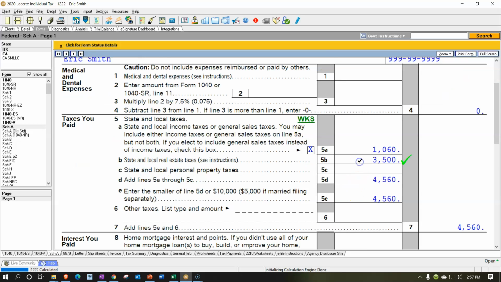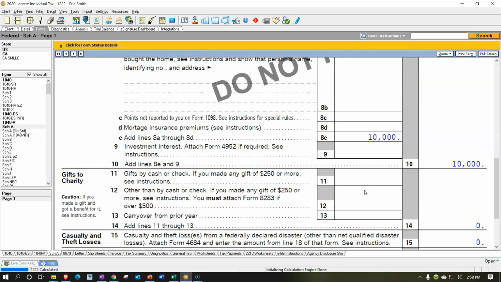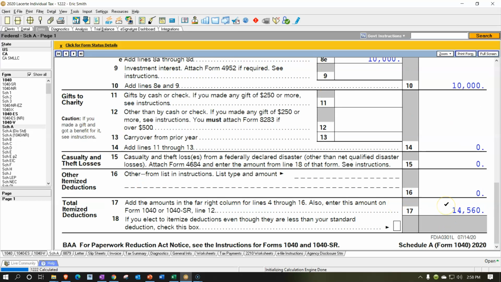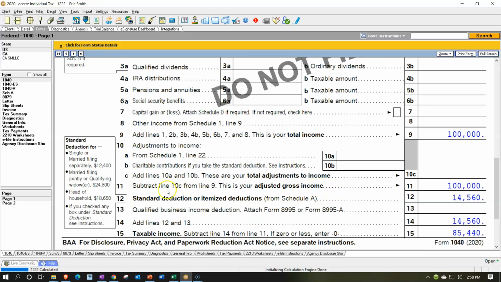The 3.5 is there, and we have the interest of the 10,000, and if we add everything up, the 14,560. That 14,560 now being greater than the standard deduction of the 12,004. Therefore, we're taking the deduction of the 14,560.